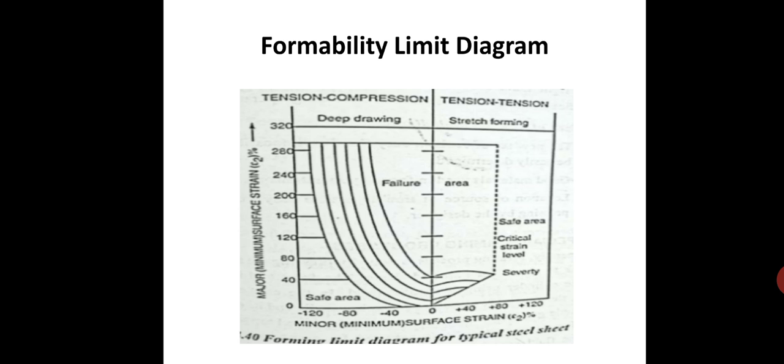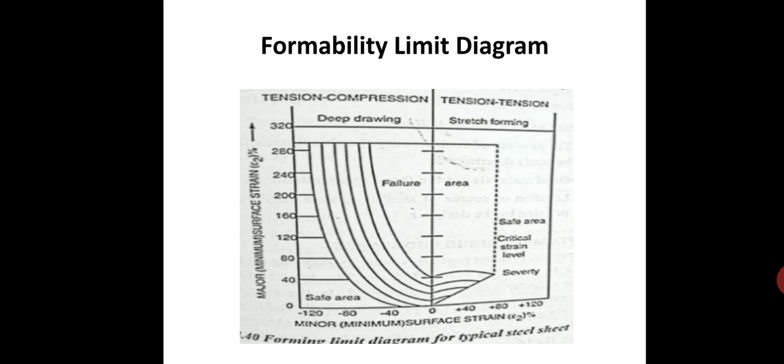The graph is plotted between the major and the minor surface strains. In this graph, the left-hand side refers to the strain state in negative, which indicates the combined tension and compression of the deep drawing operation.